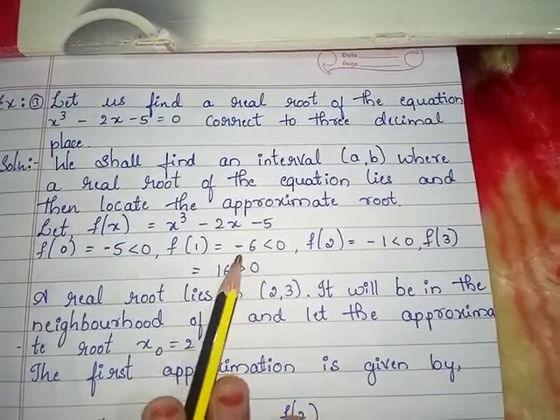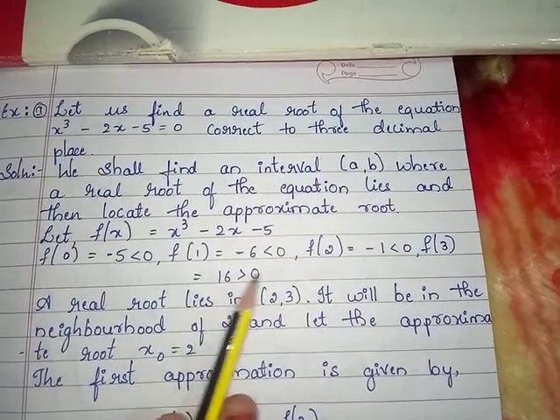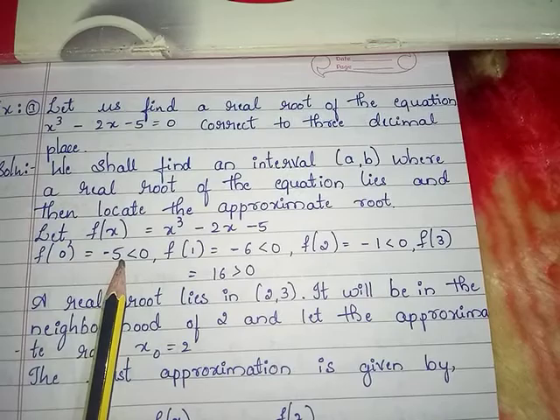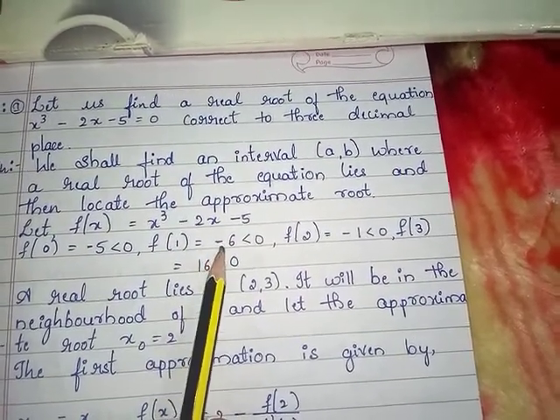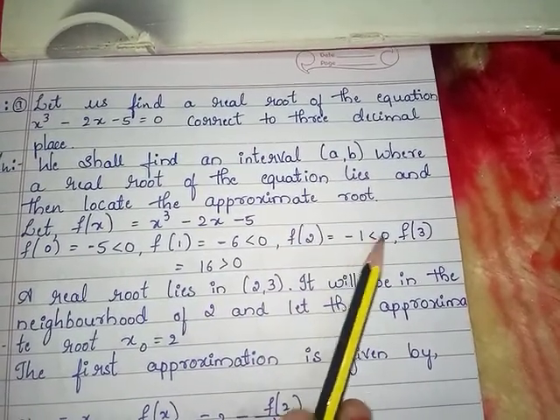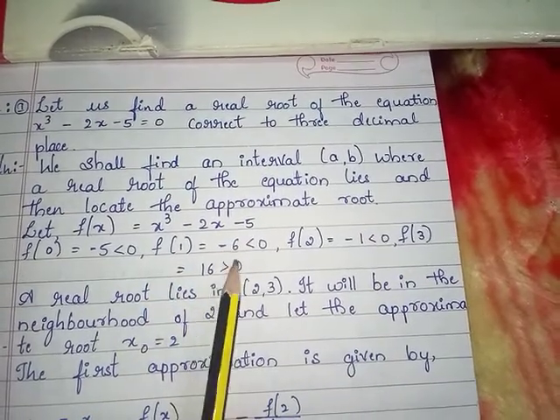We know how to find the value of a and the value of b. One value should be less than 0 and one value should be greater than 0. f of 0 is equal to minus 5, which is less than 0. f of 1 is equal to minus 6, which is less than 0. f of 2 is equal to minus 1, which is less than 0, and f of 3 is equal to 16, which is greater than 0.